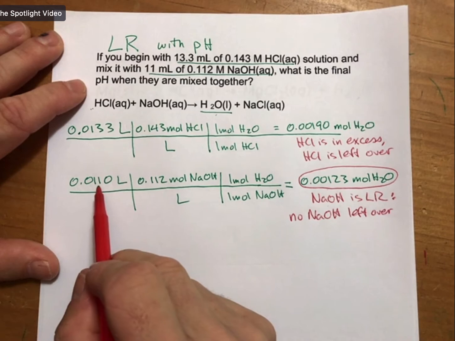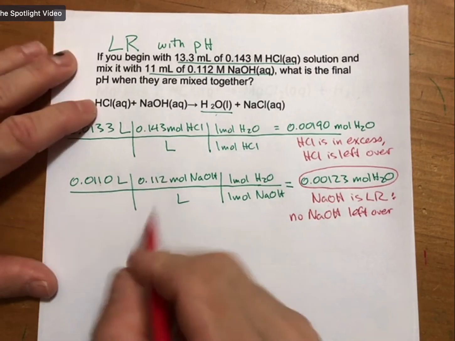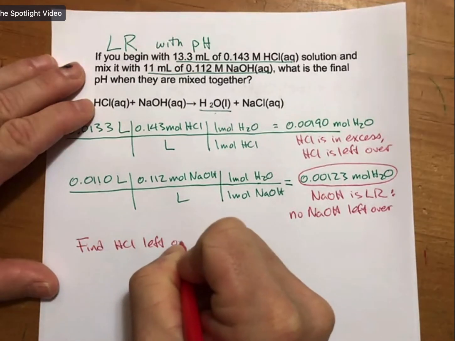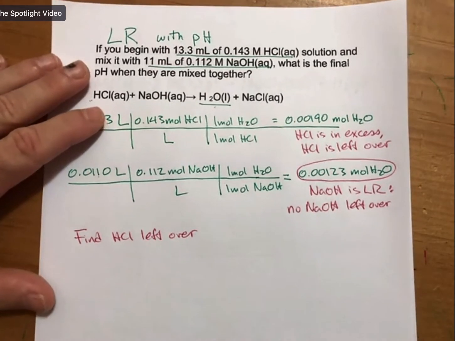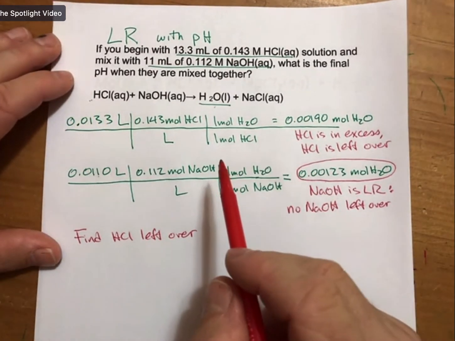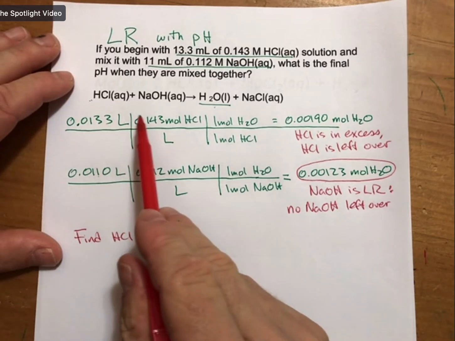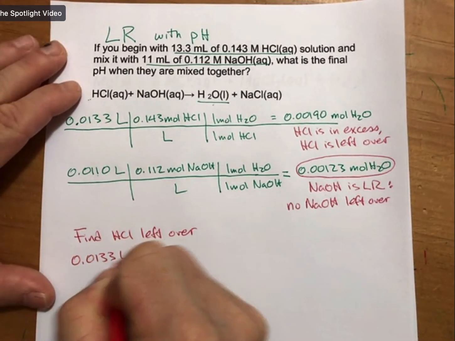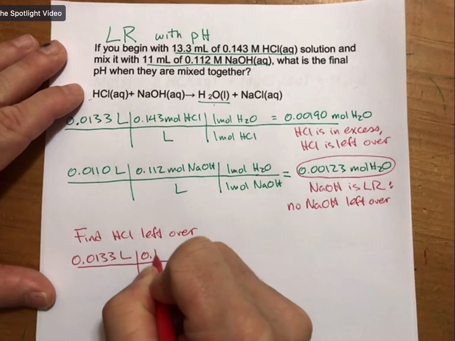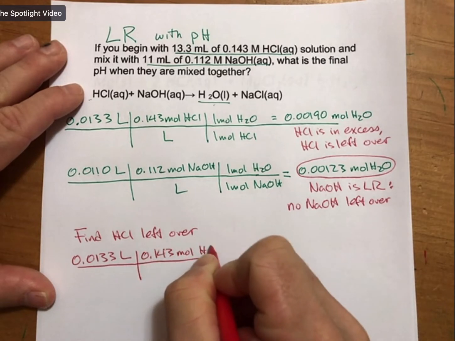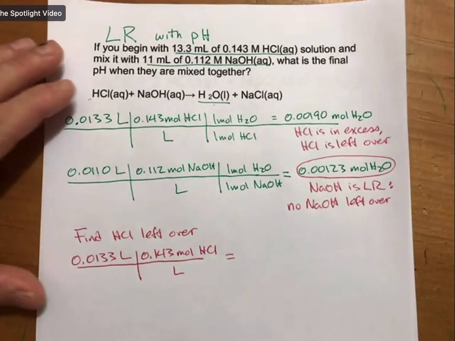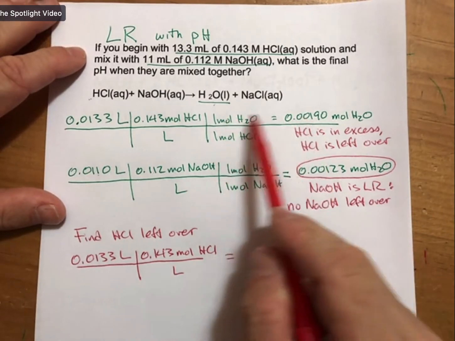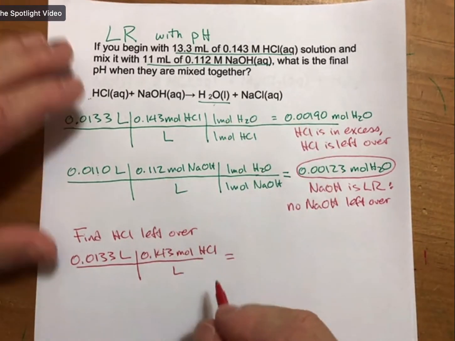To do that, you can always start with your limiting reactant. So we're going to find our HCl left over. We can find out how many moles of HCl we started with. So the moles are going to be just right here. And if you multiply this out, you'll get numerically the same number you have here, 0.00190.